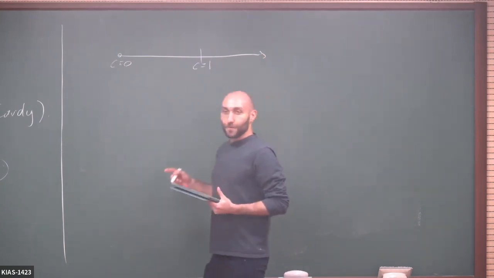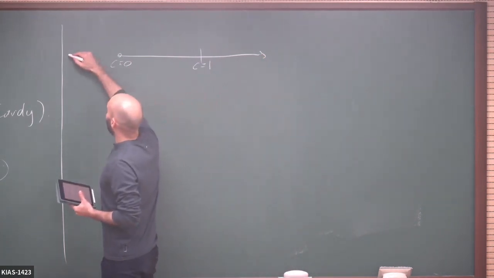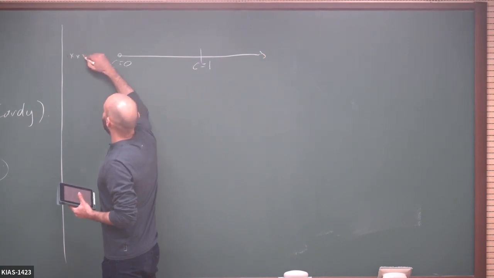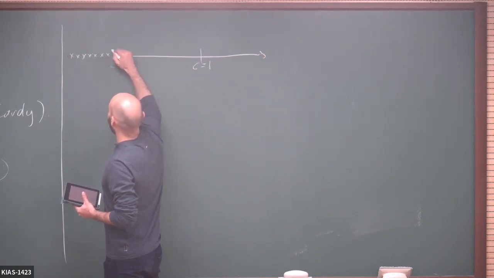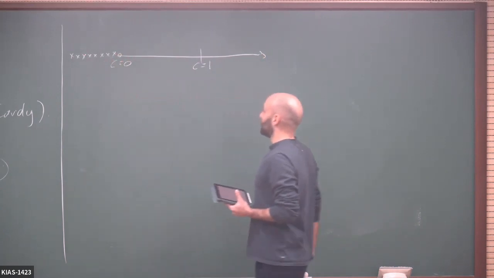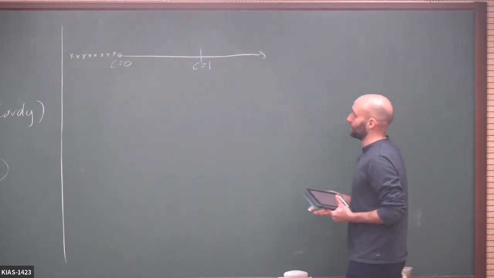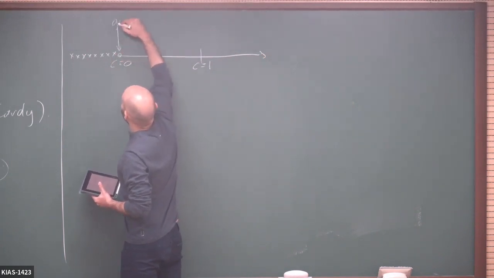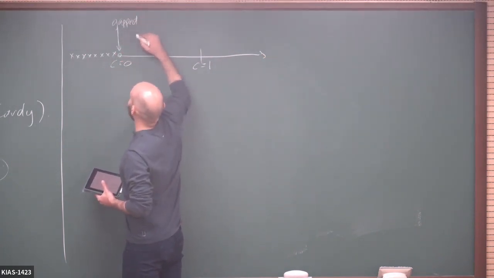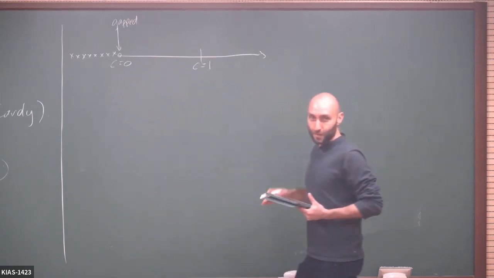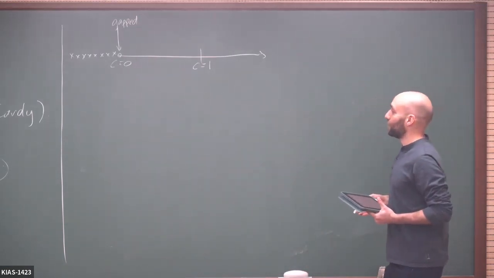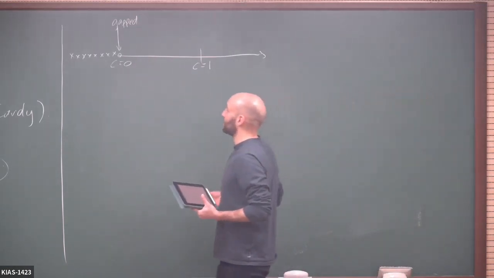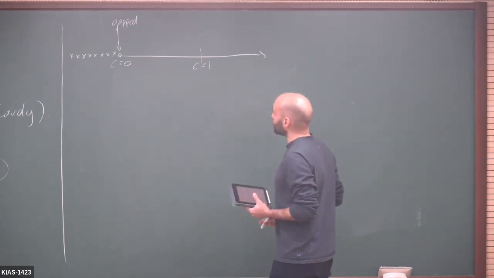Because I'm focusing on unitary theories, that implies that c has to be greater than or equal to 0. And so c less than 0 is excluded. c equals 0 corresponds to boring theories from the point of view of conformal field theory. They're gapped theories, like topological theories.